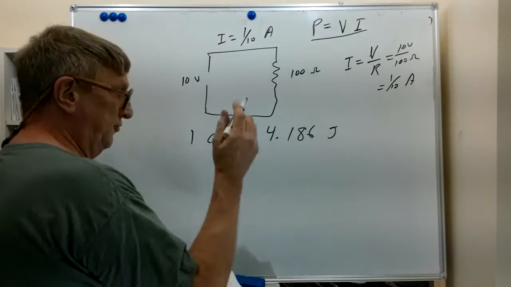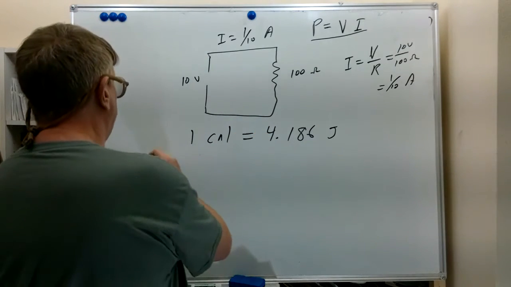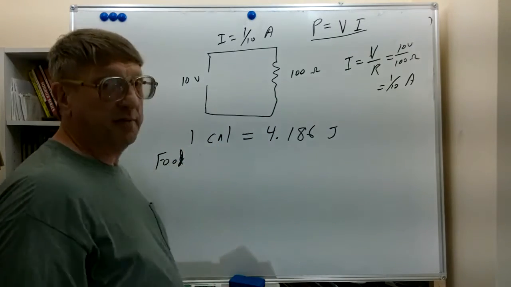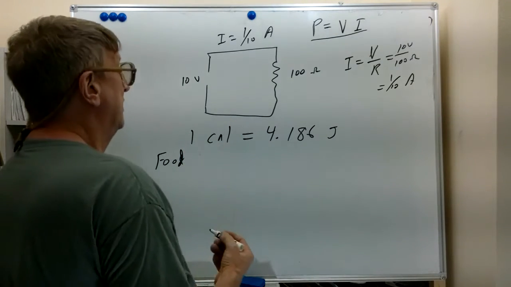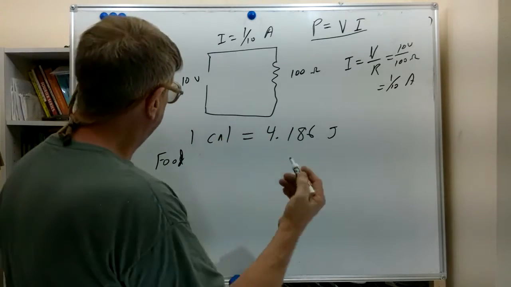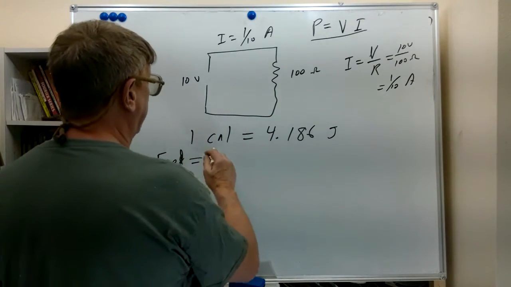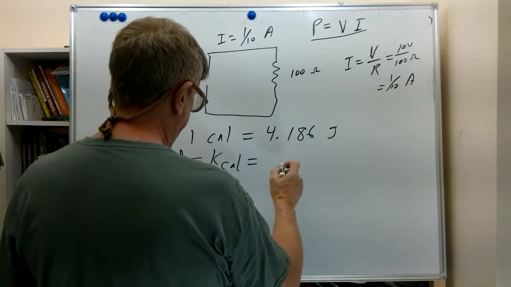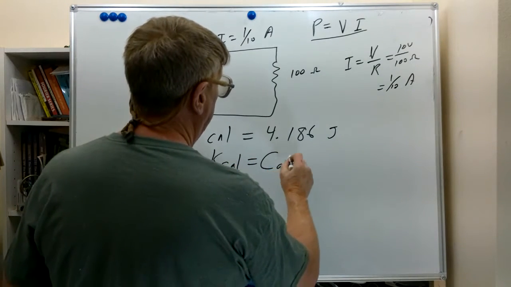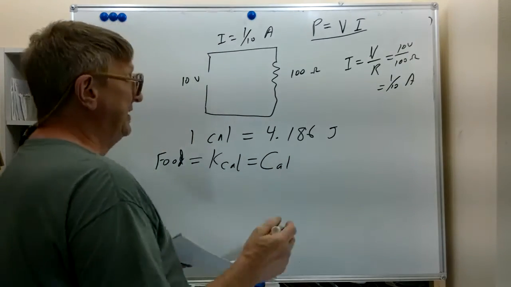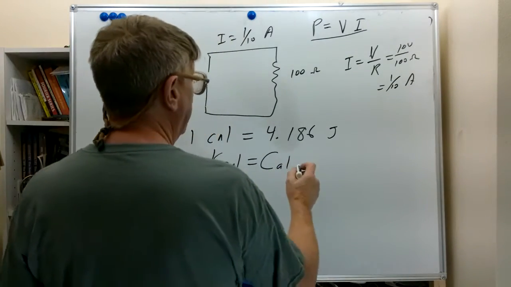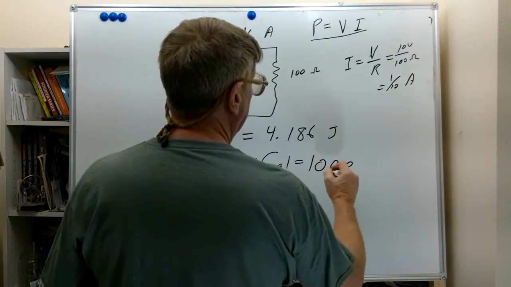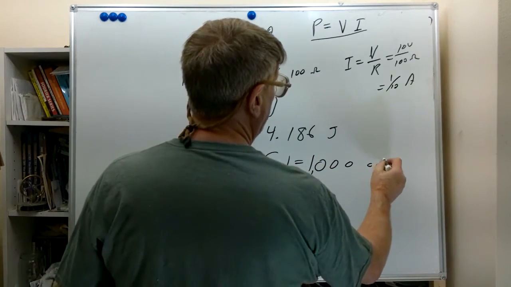And as we talked about a few minutes ago, when we're talking about food calories, which we're not going to talk about too long, I want you to realize that the calories of heat and the calories of food are not the same. That's a kilocalorie, written as capital C. Being a kilocalorie, that's equal to 1,000 of the little calories that we call for heat.